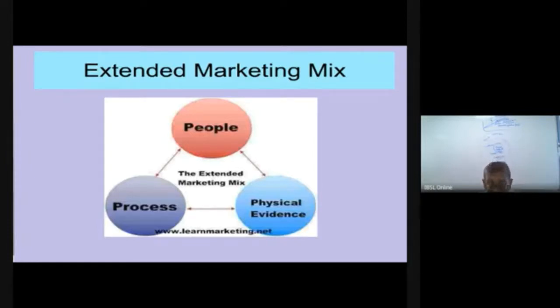Every textbook tells you how to use these 7Ps in an organization in a given situation. For that, we need to understand what these marketing mix elements are. So my job is simply to explain all these marketing mix variables.